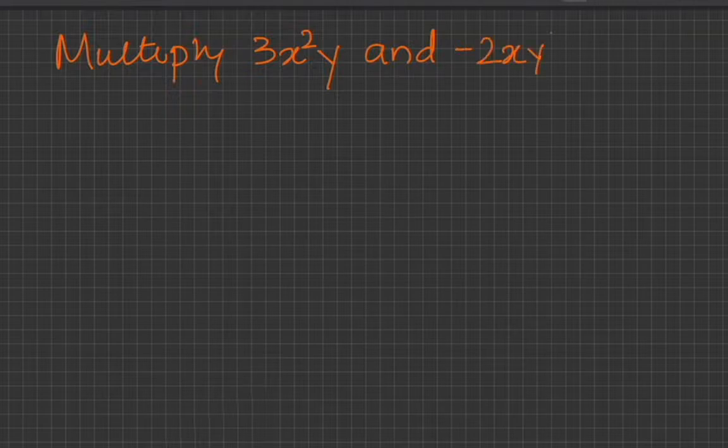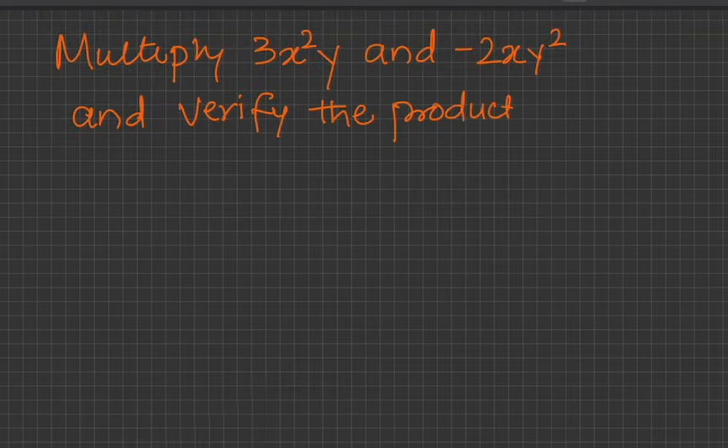Multiply 3x squared y and negative 2xy squared, and verify the product for x is equal to 1 and y is equal to 2.